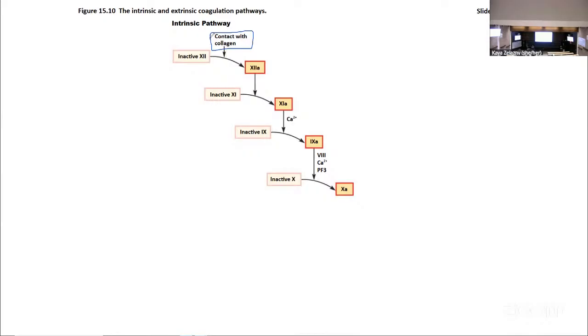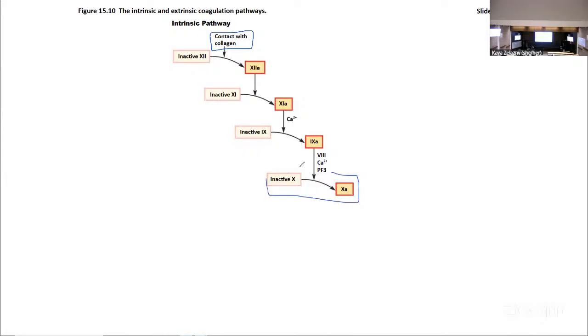Okay. So here we can see that we have this domino effect of clotting factors getting activated after that first one. The first one that starts off our intrinsic pathway is factor 12. Factor 12 is getting activated, and in turn, it's activating factor 11, then factor 9, which ultimately activates factor 10.